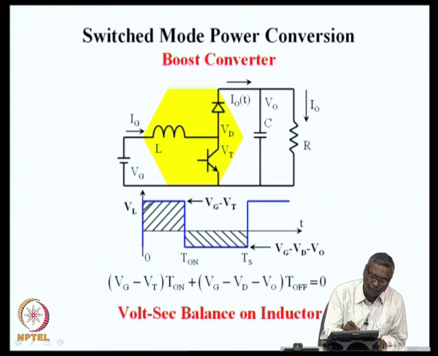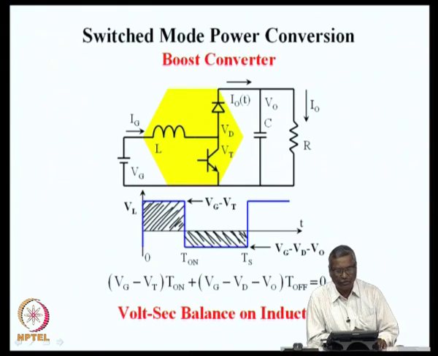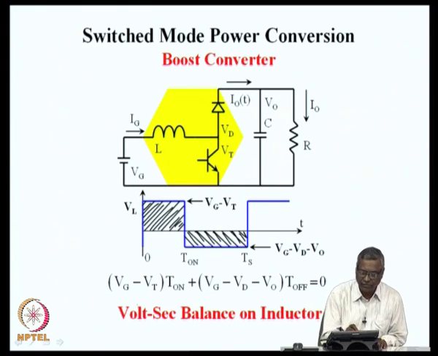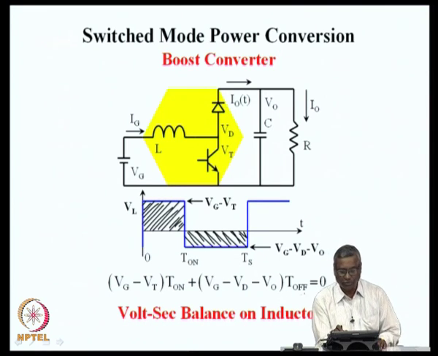The area of the volt second given to the inductor during the on time is the same as the area of the volt second taken from the inductor during the off period, and this gives the relation (Vg minus Vt) into on time plus (Vg minus Vd minus V naught) into off time, and this total adds up to 0.